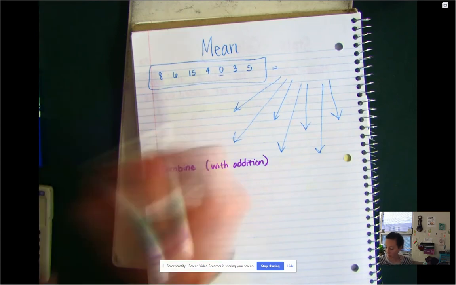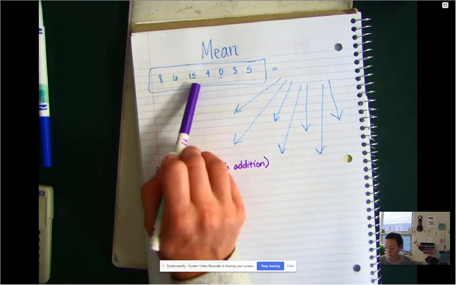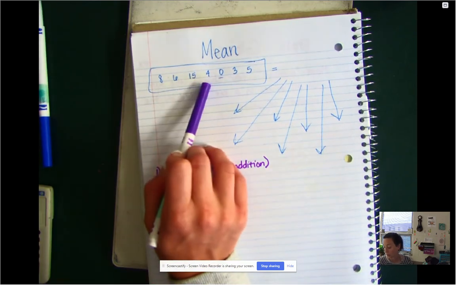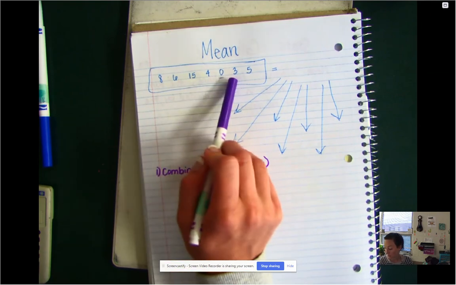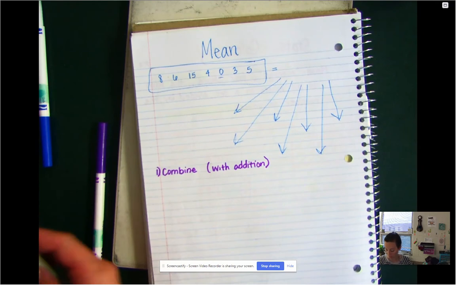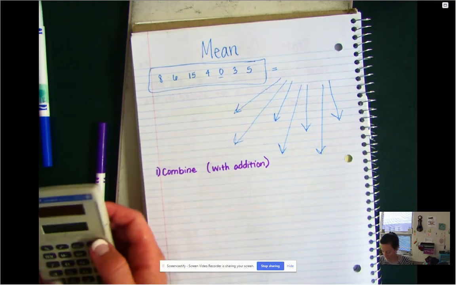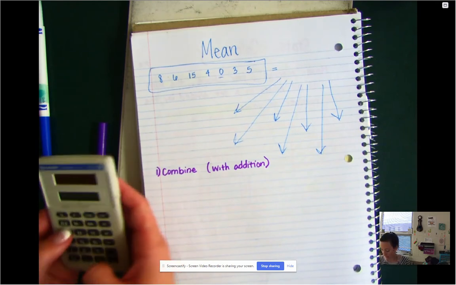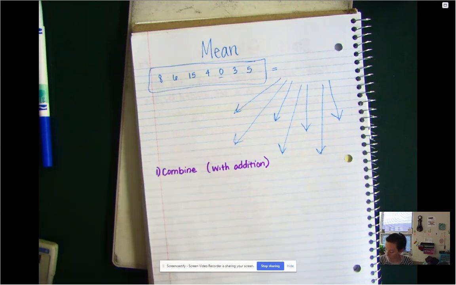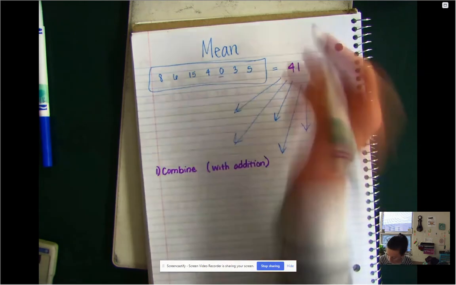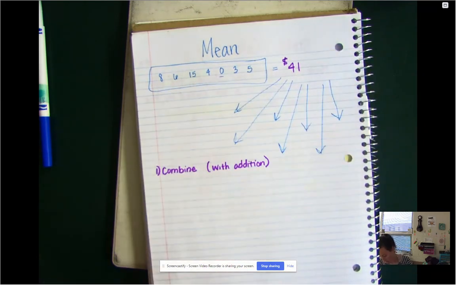Okay, so I add them all up. 8 and 6 is 14. 14 plus 15 is 29. 29 plus 4 is 33. Still 33, 36, and 41. So now I'm going to do 41 divided by 7, because there's 7 of us. And each person is going to get, it's a decimal, it's 5.8571428.